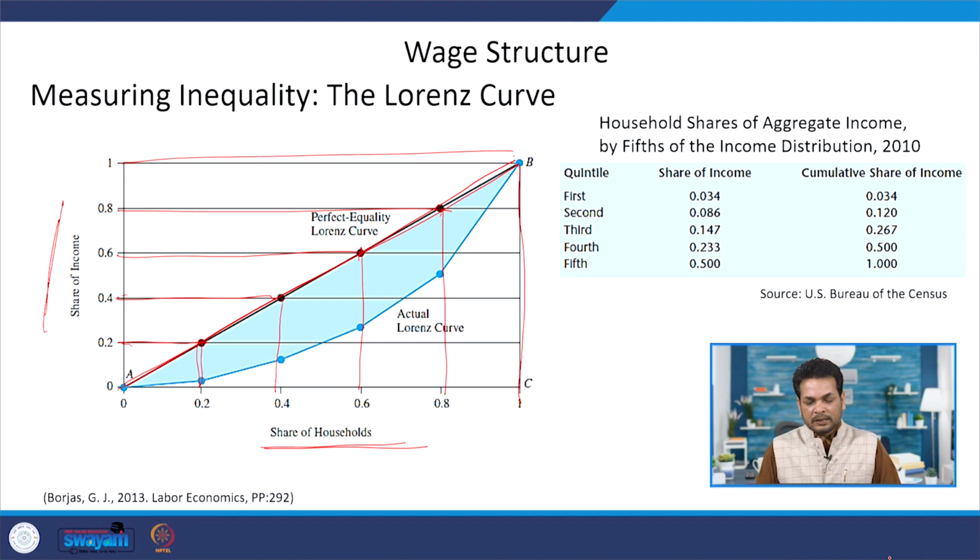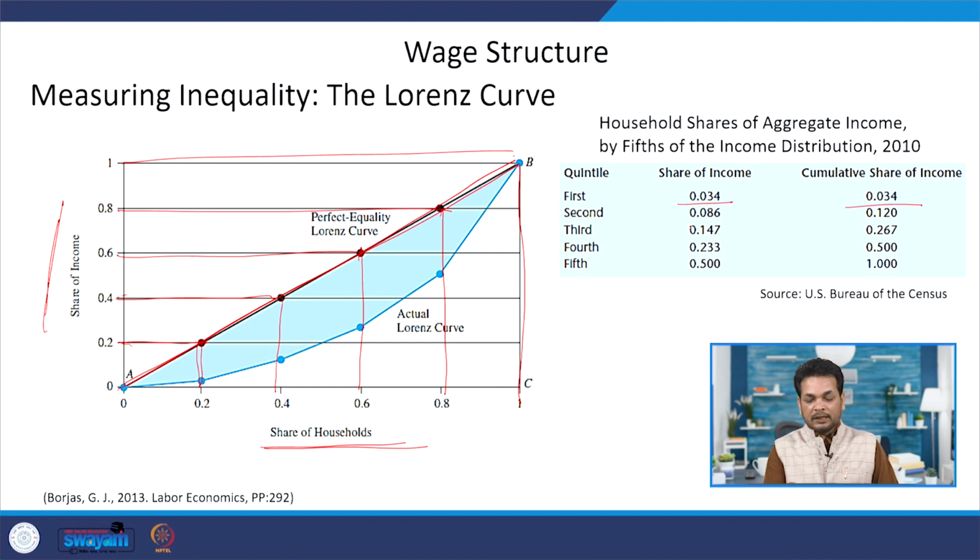Now, let us take an example of how income distribution happens in the economy. In this table, we have taken the US income distribution data of 2010. Now, you can see the first quintile's share of income is 0.034, so the cumulative share is 0.034.